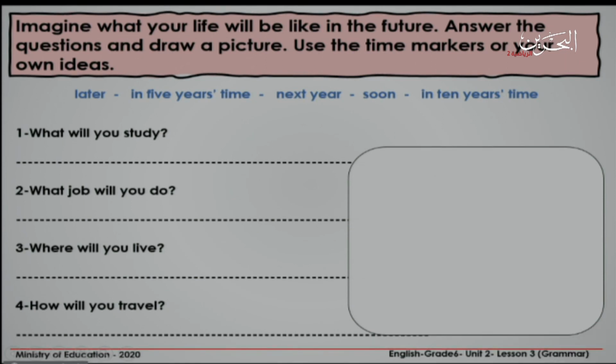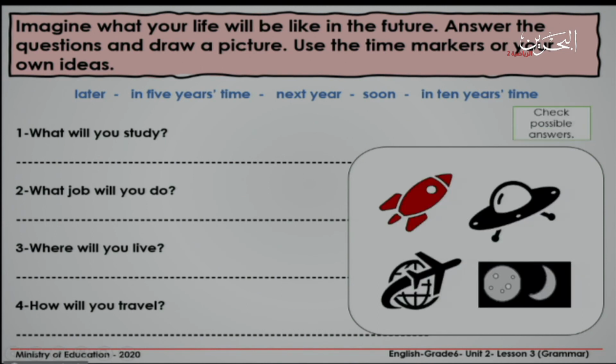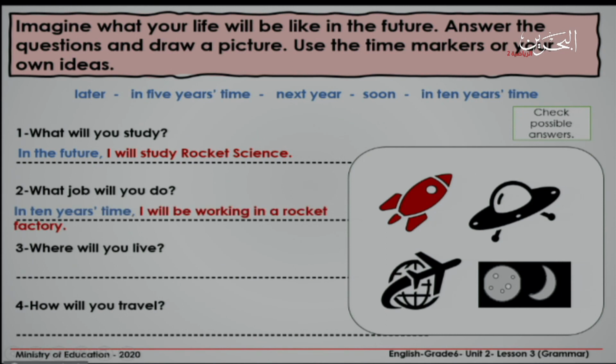Now, let's check some of the possible answers. 1. What will you study? In the future, I will study rocket science. Very good. 2. What job will you do? In 10 years' time, I will be working in a rocket factory. 3.